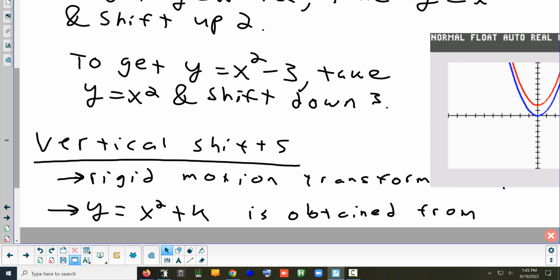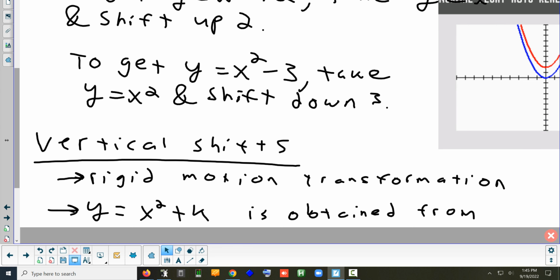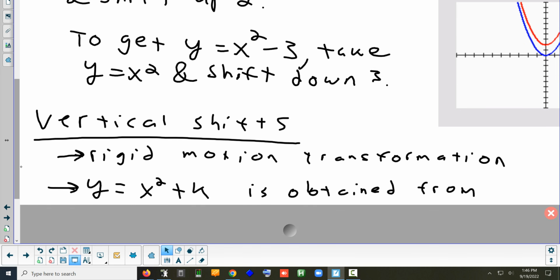So vertical shifts are what we call a rigid motion transformation. They're not a stretch. A stretch takes something and distorts it. It doesn't look like it did when you started. A shift moves it, just puts it in a different spot.